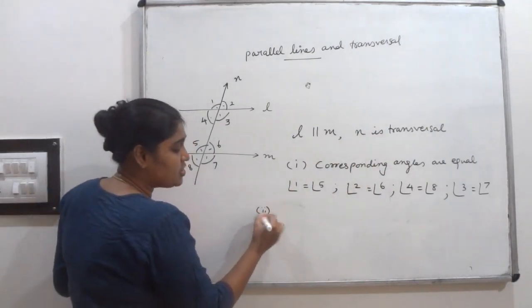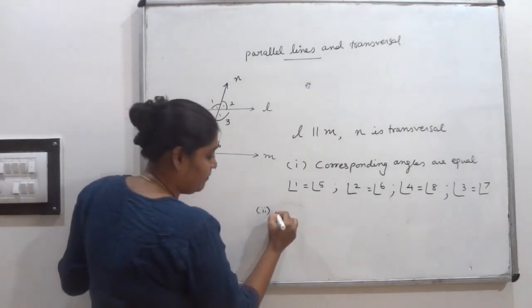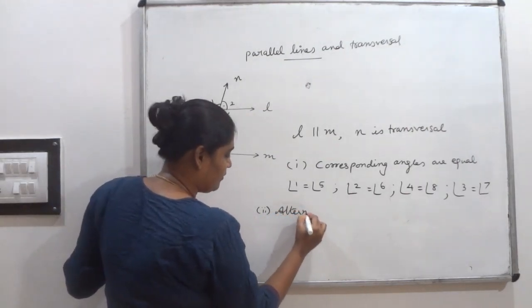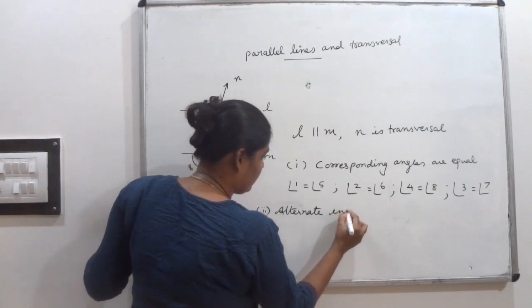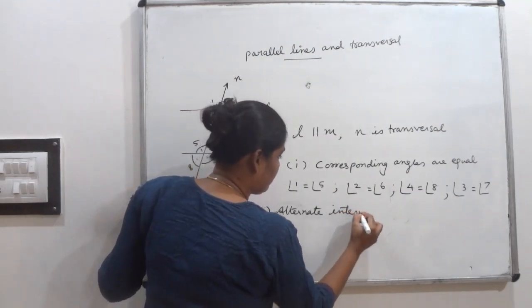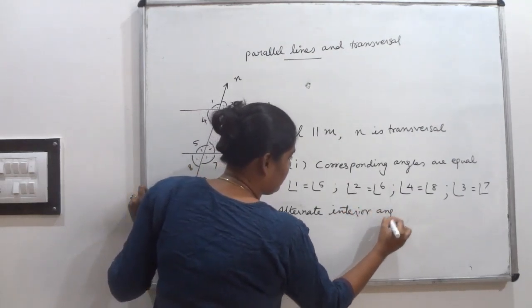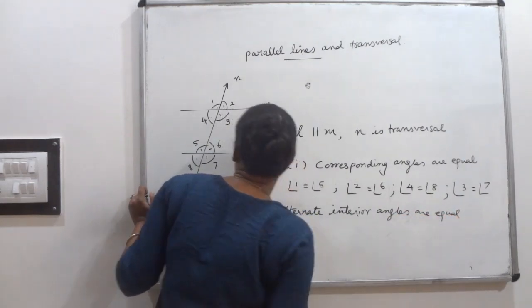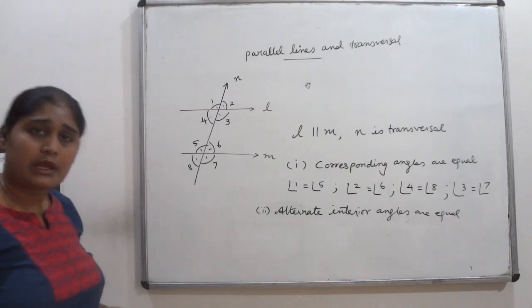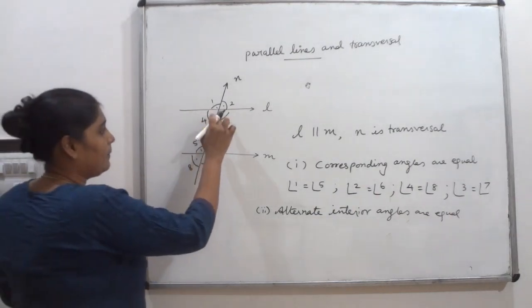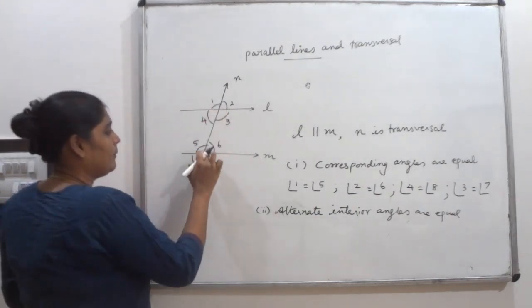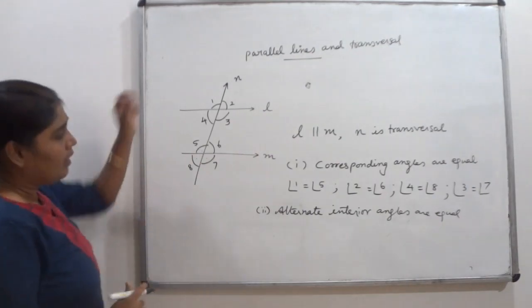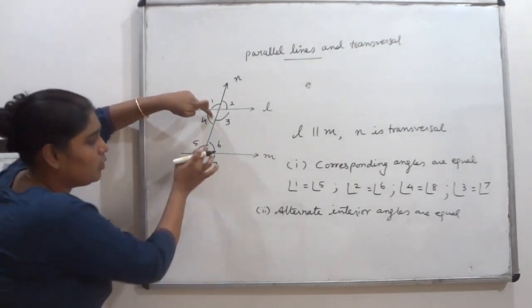Then alternate interior angles are equal. What are alternate interior angles? Angle 4 is equal to angle 6.